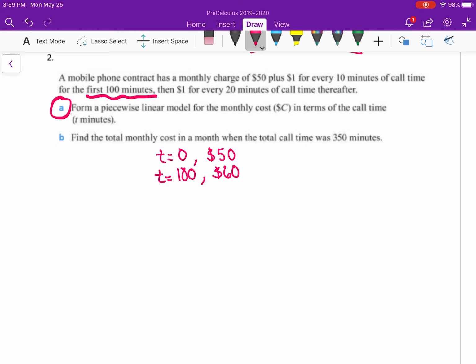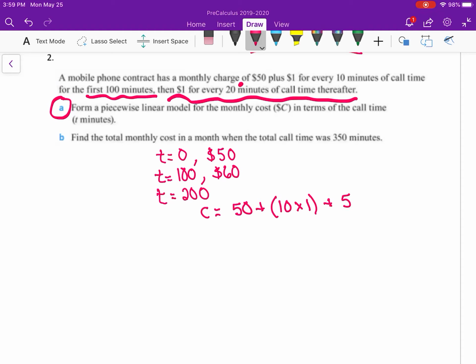The next thing we need to know is what happens after that amount of time. So when we take, let's say, t equals 200, for example, our cost would be the original $50 plus the 10 minutes times $1, and then plus 5, because there are 5 groups of 20 to get to another 100: 20, 40, 60, 80, 100.